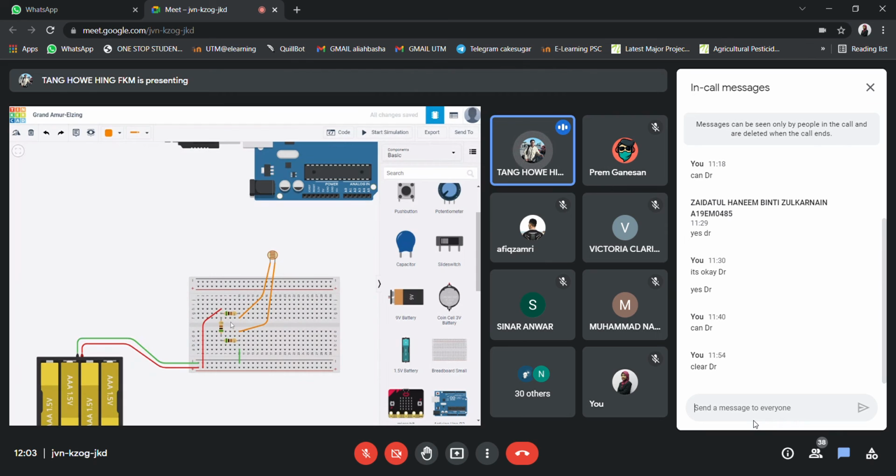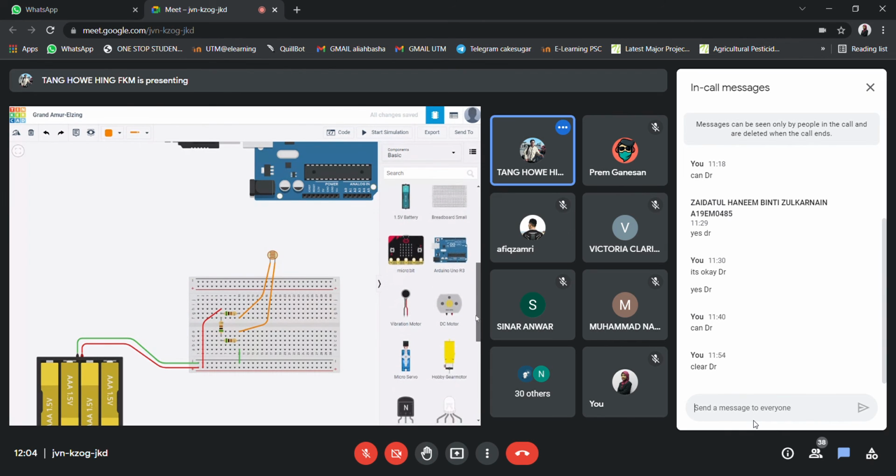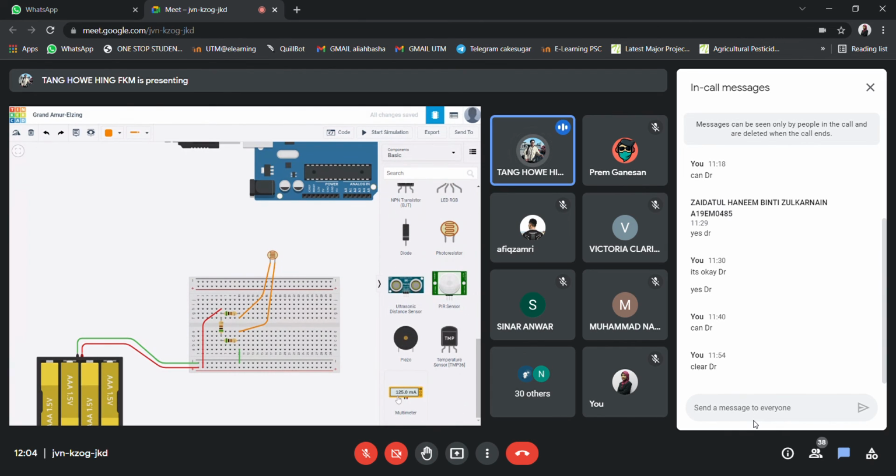Okay, and this is the Wheatstone bridge, and usually with a Wheatstone bridge, the output voltage will be very small. Let me get a multimeter just to show you. The multimeter is trying to measure the voltage difference between the voltage A and voltage B. So this is voltage A, and then the voltage B will be here.